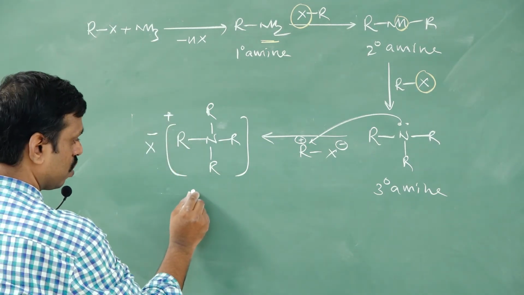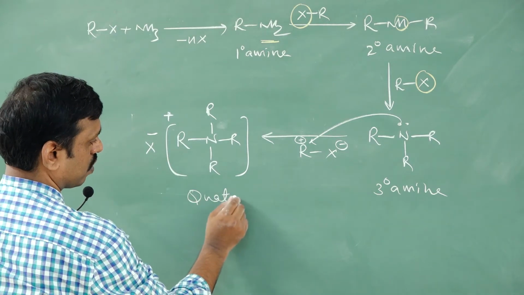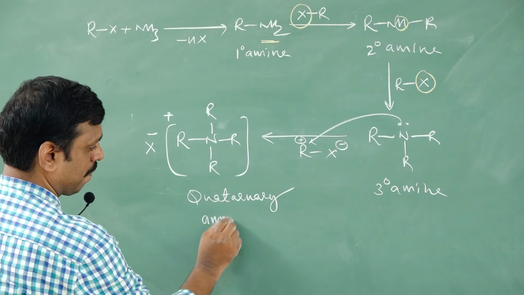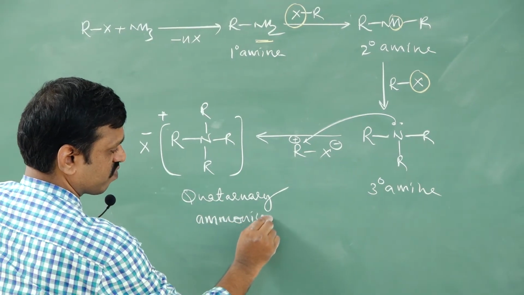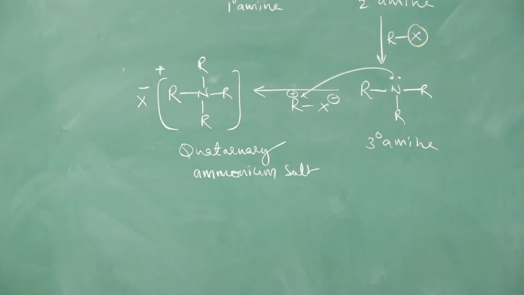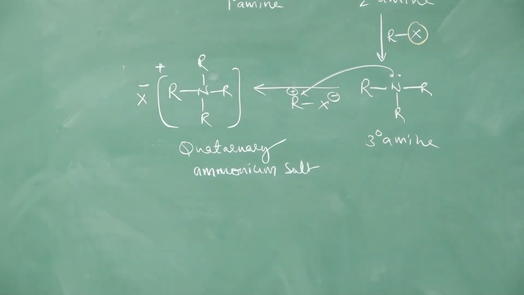This is called a quaternary ammonium salt. A quaternary ammonium salt is formed. So this whole reaction is called Hoffman ammonolysis.